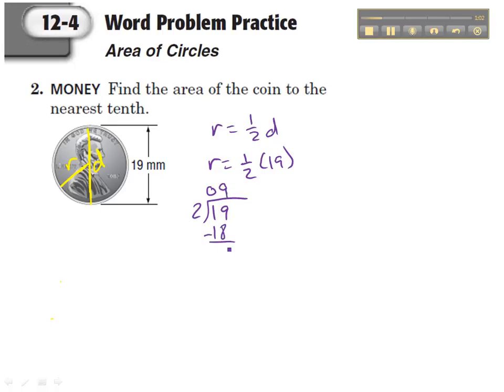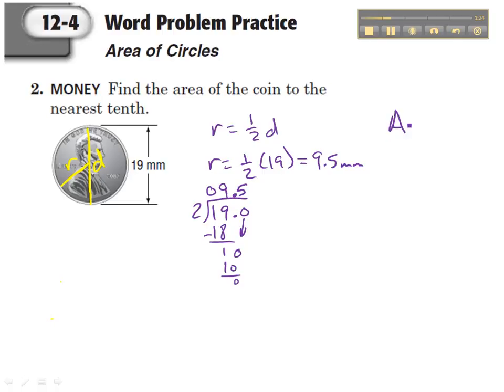Subtract to get a remainder of 1. We want a decimal and a 0 so we can keep dividing. We can add that decimal because 19.0 is the same as 19. We haven't changed the value. Line up a decimal in our quotient, bring that 0 down, and there are 5 2's in 10. 5 times 2 is 10, remainder of 0, so our radius is 9.5 millimeters.